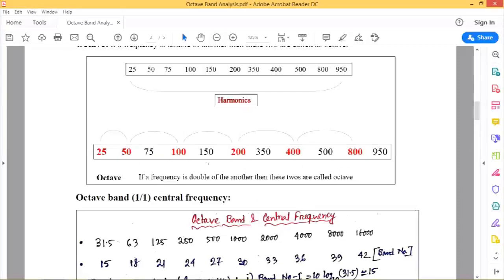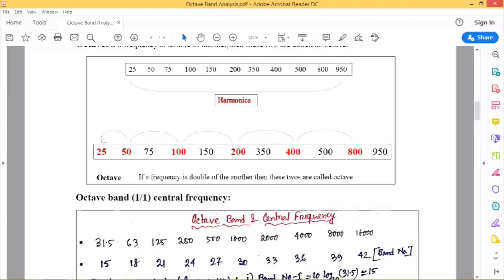Now what was the definition of an octave? If a frequency is double of another frequency, then these two frequencies will be known as an octave. So 25 and 50, 50 is the double of 25, so 25 and 50 will be known as an octave. Similarly 50 and 100 octave, 100 and 200 octave, 200 and 400 octave, 400 and 800 octave.